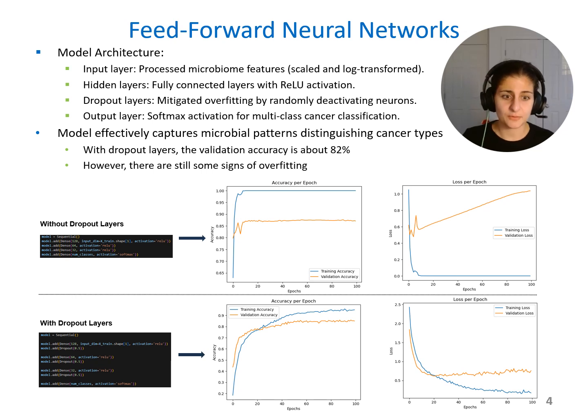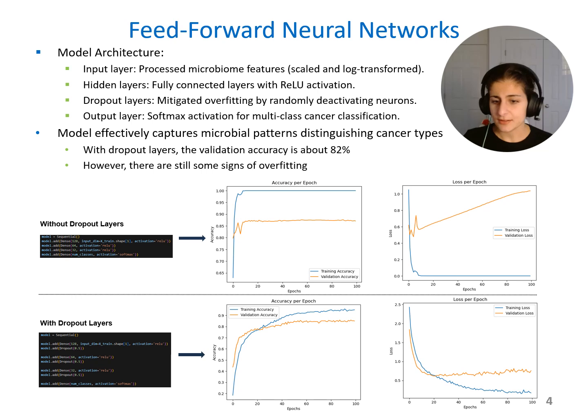With that in mind, I added some dropout layers into my second feed-forward neural network. With the dropout layers, you can see a significant improvement in the overfitting issue. The accuracy per epoch suffers a little bit, ending around 82% instead of around 85%.